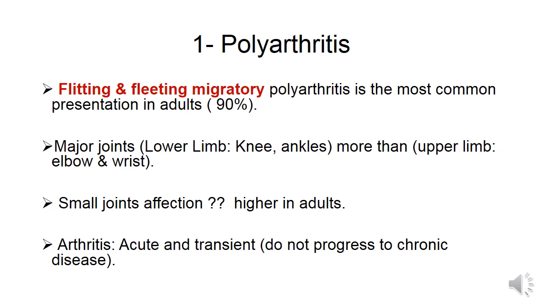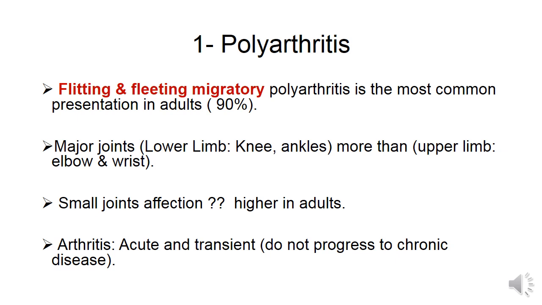It's usually affecting the major joints, those of the lower limbs, the knees and the ankles, more than those of the upper limbs, the elbows and the wrist. Though all are affected in a migratory fashion, those of the lower limbs are much more affected than the upper ones.